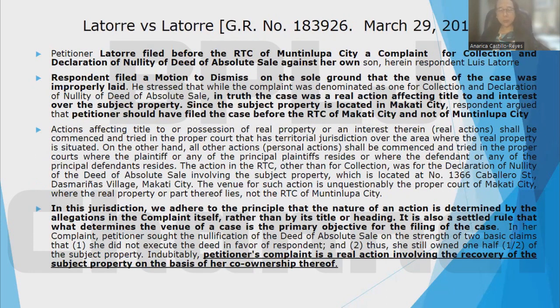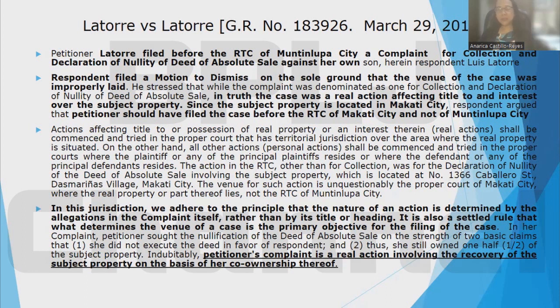In this case, La Torre filed before the RTC of Muntinlupa a complaint for declaration of nullity of a deed of absolute sale against her own son. Now, the respondent filed a motion to dismiss on the sole ground that the venue of the case was improperly laid. Okay, in truth, the case was a real action affecting title to and interest over the subject property.